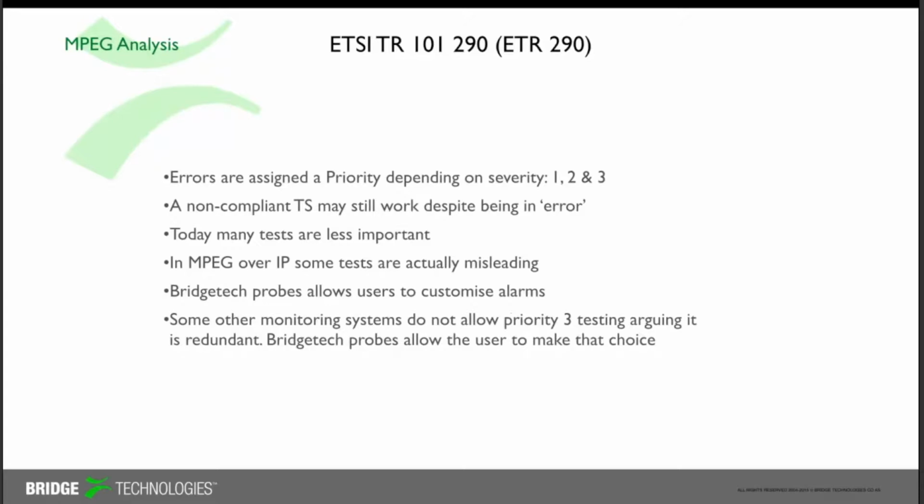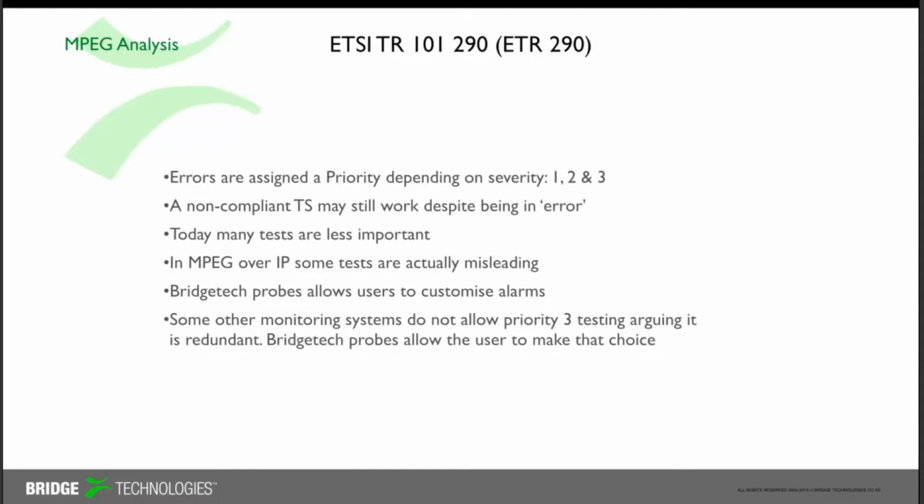It's not as deterministic as an ASI cable going from A to B. IP packets may go via different routers, they may go via different routes, they may be held up on their journey, they may have jitter. So some tests over IP for the MPEG transport stream are no longer valid. Or if they are valid, they have to be taken with a pinch of salt, and you have to read into them what's actually going on.